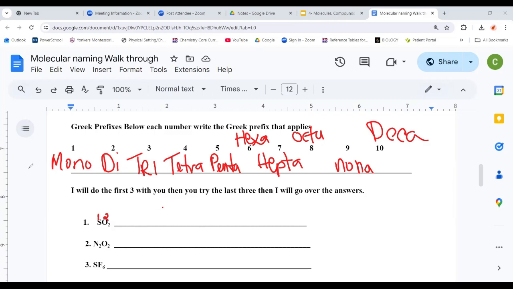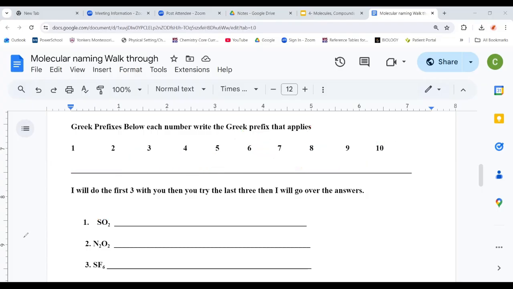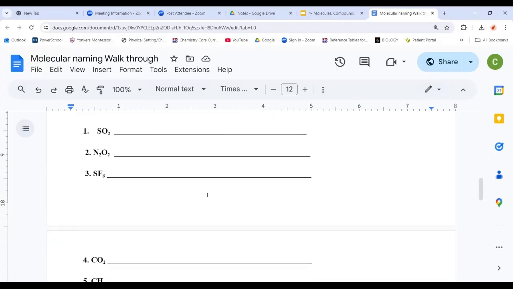And there is really no easy way to remember where to put the suffixes. The best way to do it is just practice a lot, and you're going to start to get the hang of where you put your ide.